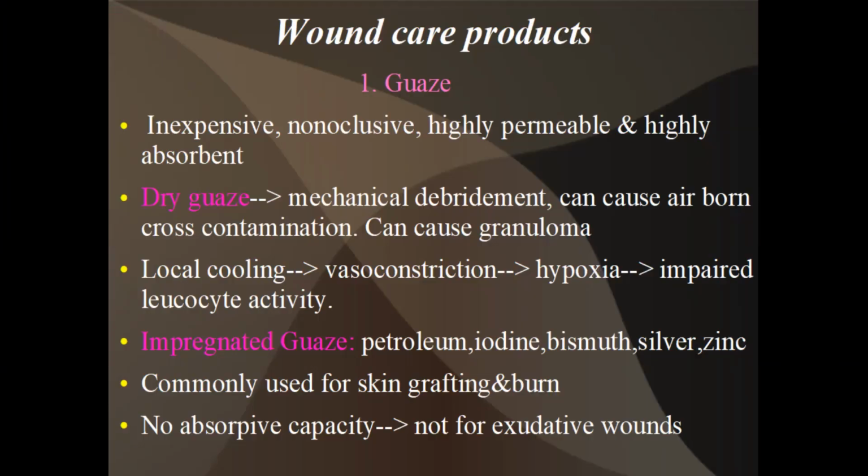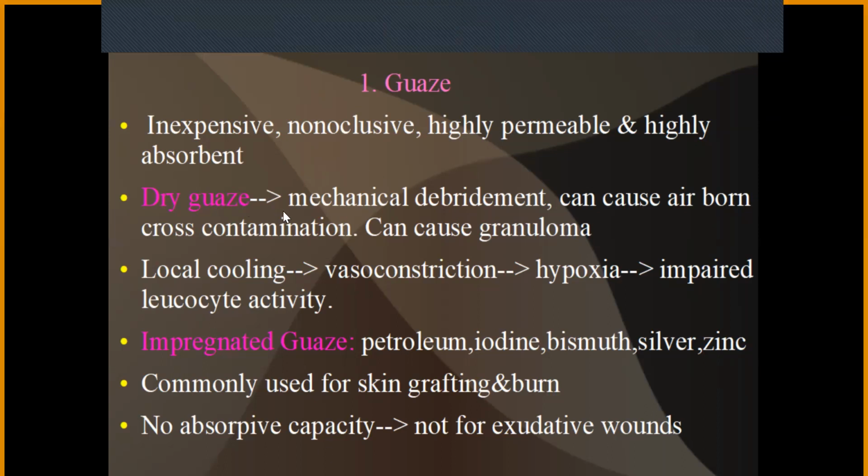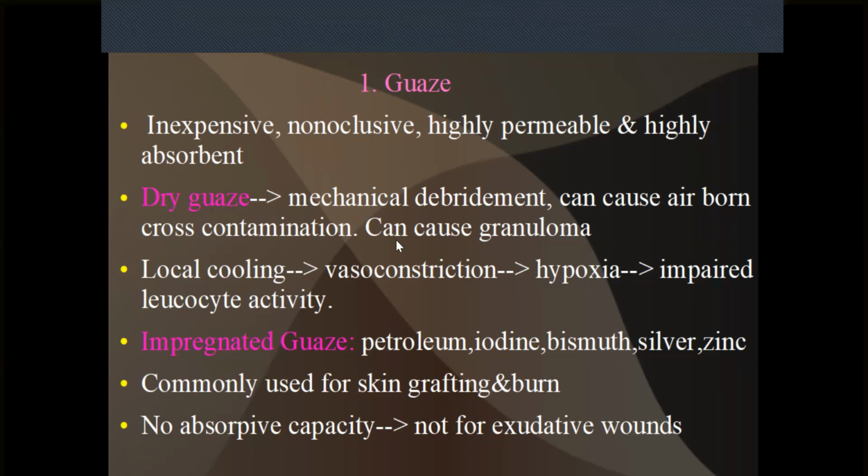Now coming to the wound care products, first is the gauze, which is most commonly used in India, I think. It is inexpensive, non-occlusive, highly permeable, highly absorbent. Dry gauze is used for the mechanical debridement. It can cause airborne cross contamination. And if some fibers are left inside the wound, that can cause granuloma.